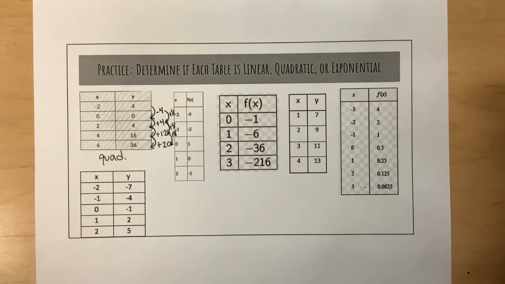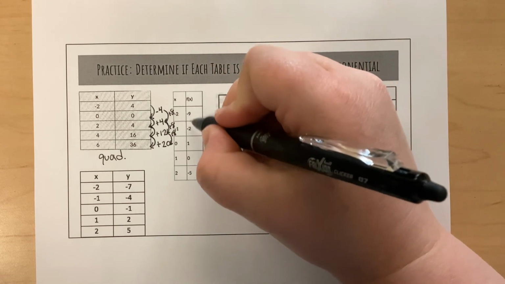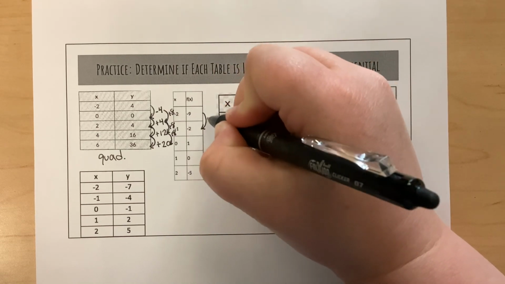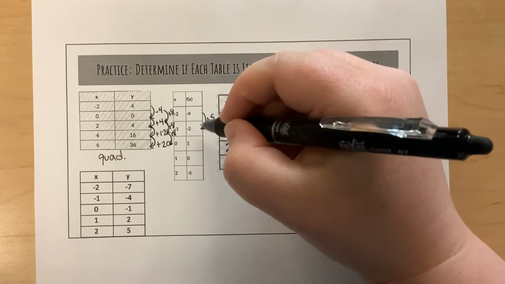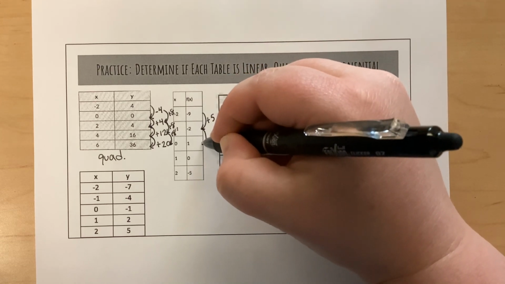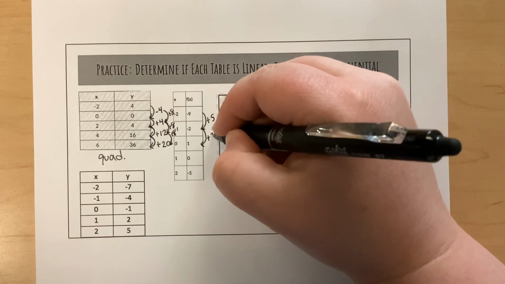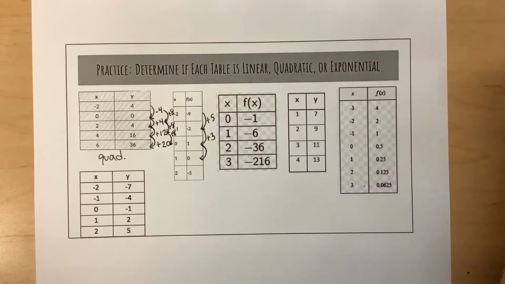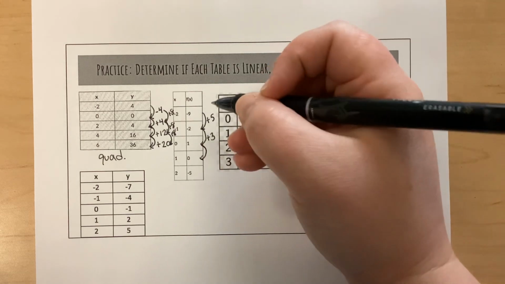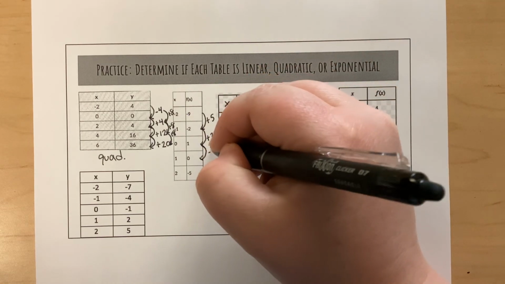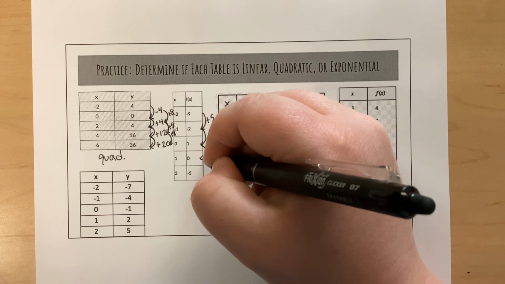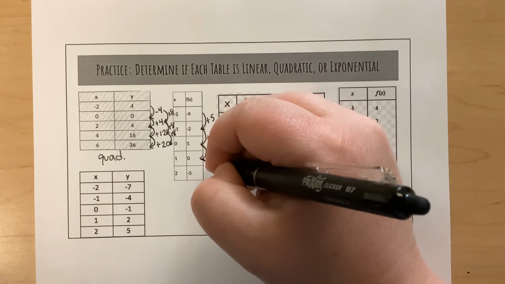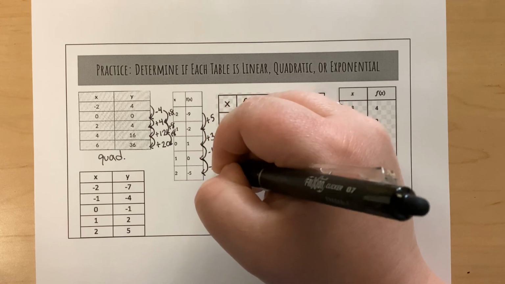All right, the second one here. To go from -9 to -2, I would have to add 7. To go from -2 to 1, I would have to add 3. So again, this is not linear. And if we're adding, it's not going to be exponential either, but we do need to double check. To go from 1 to 0, I subtract 1. And to go from 0 to -5, I subtract 5.